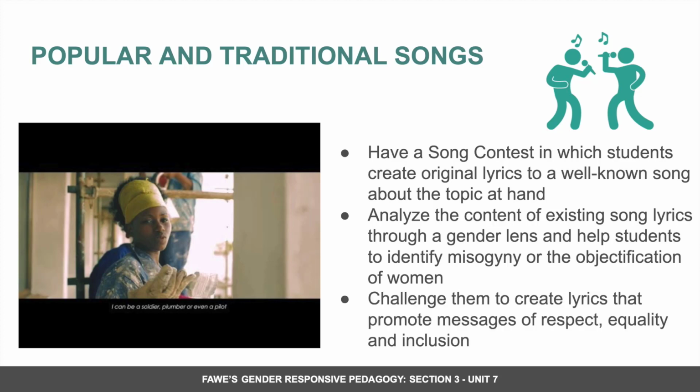Challenge them to create lyrics that promote messages of respect, equality, and inclusion. Share songs that promote gender equality and girls and women in roles that are typically held by men, such as this one composed by Robert Chiwamba, a well known poet, and Asanji, an award winning musical artist.